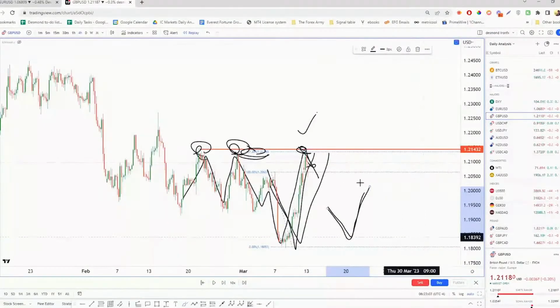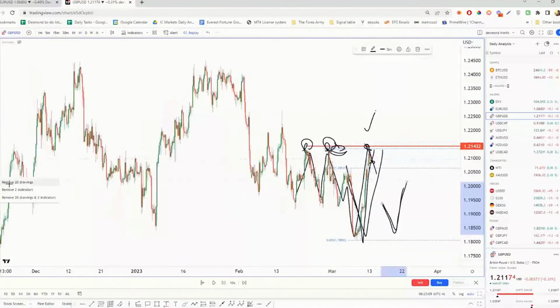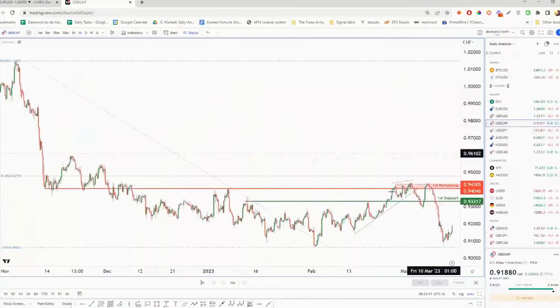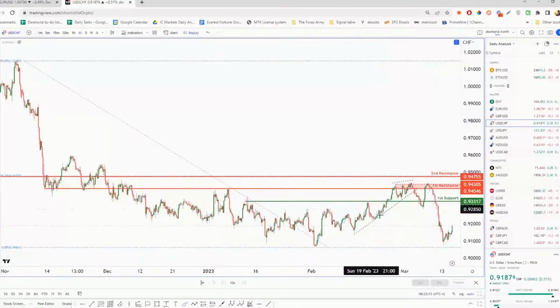Now of course you can combine it with different forms of Fibonacci. Let's try to see if I can find any over here. Let's see. I'm trying to find one with a little bit of a Fibonacci projection too.